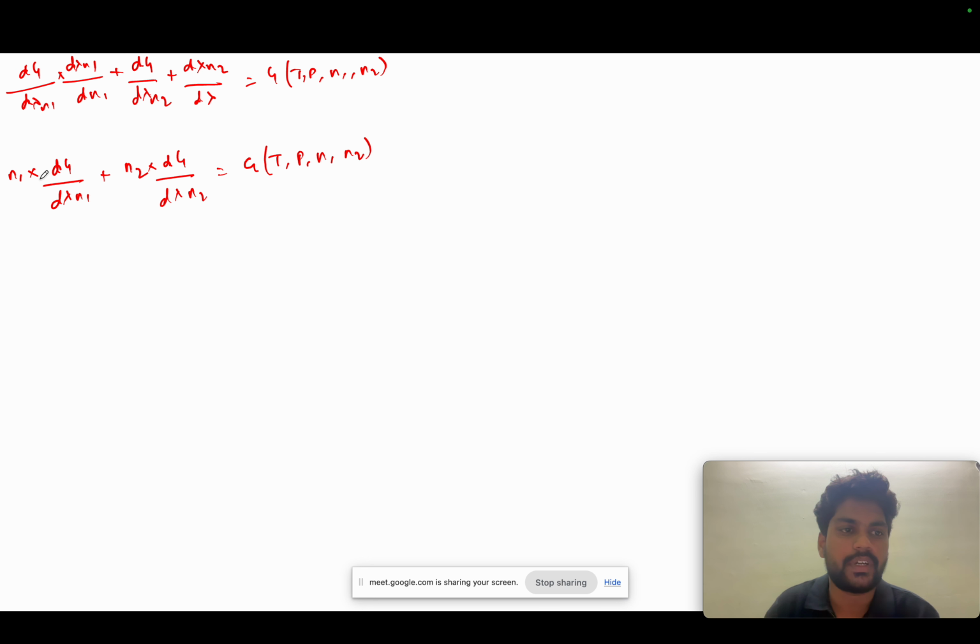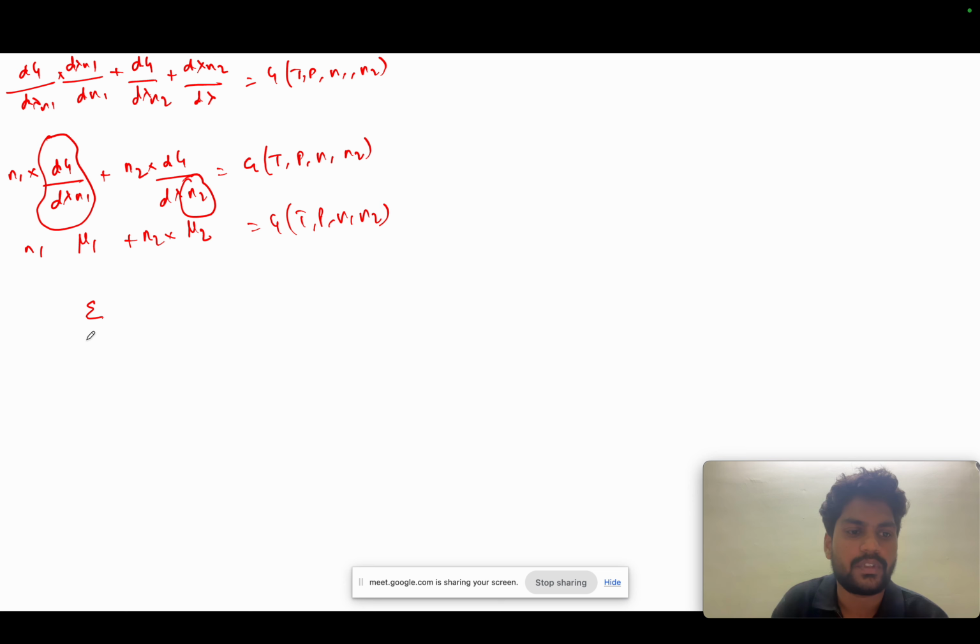You know that if we have a different system, initially we represent this as mu1 and this as mu2, because we are differentiating with respect to this component. So this is n1, it is equal to g of T, P, n2. So now we have the sum over i equal to 1 to k of mu i ni equal to g.